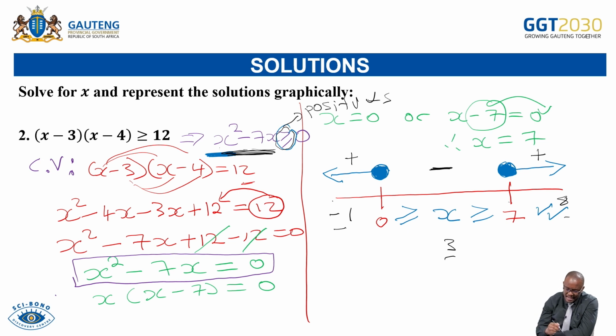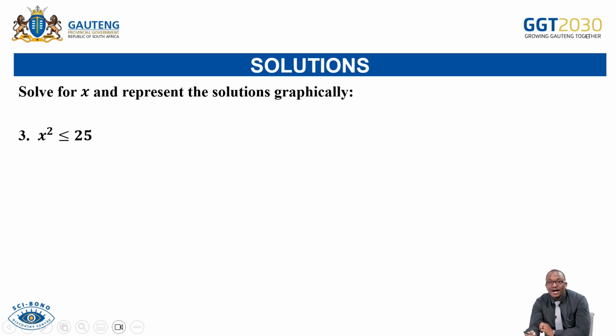So now let's look into another sub-question where we better our understanding when we're doing it graphically. So now we have the question. It says x squared is less than or equal to 25. First thing first, you must get your critical values.